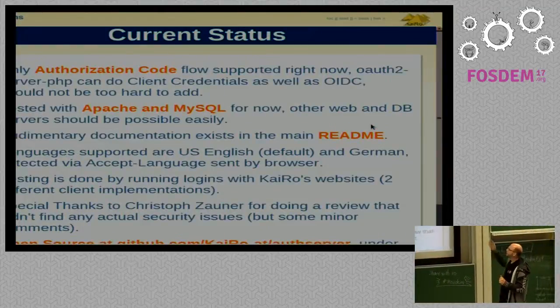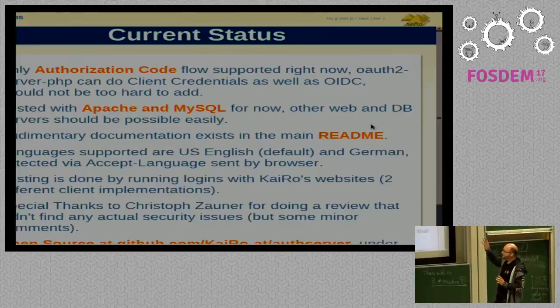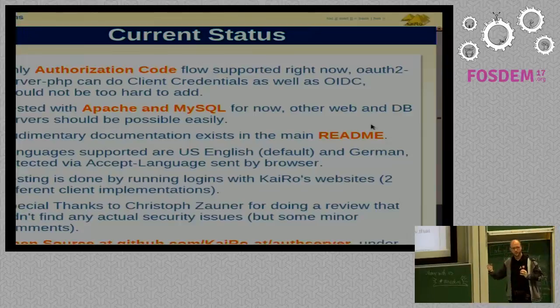Current status is I only support the authorization code flow of OAuth2 right now, which means the website sends a request for authentication, then you log in there, and for normal login, it implicitly grants it if you log in, and it sends back a reply with an access code to the website.